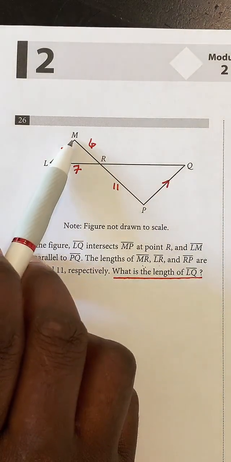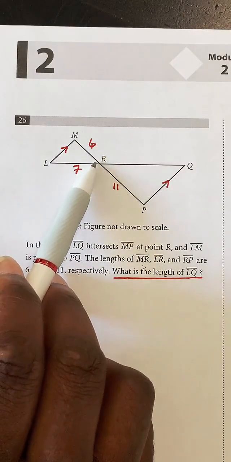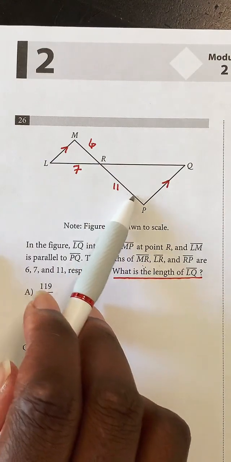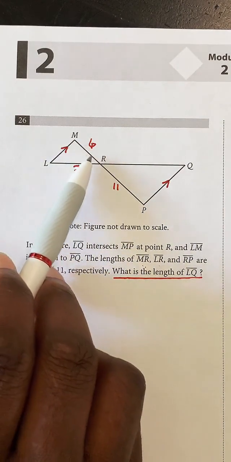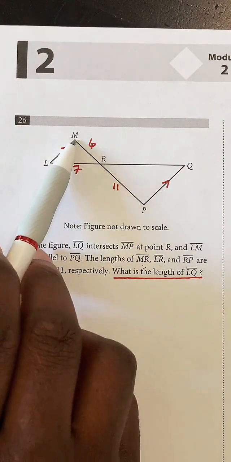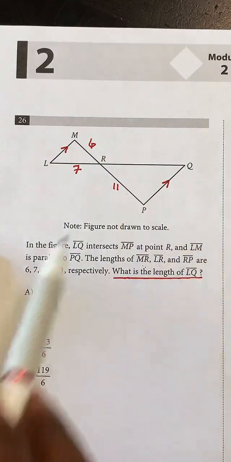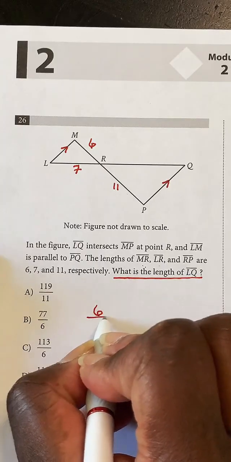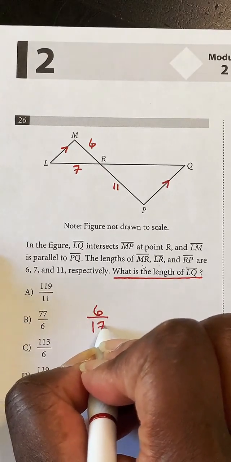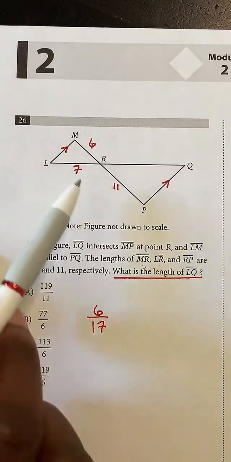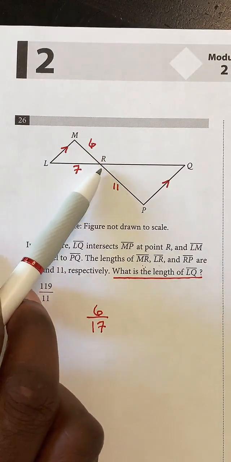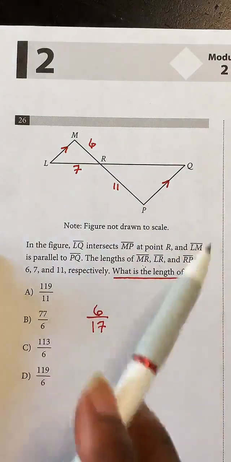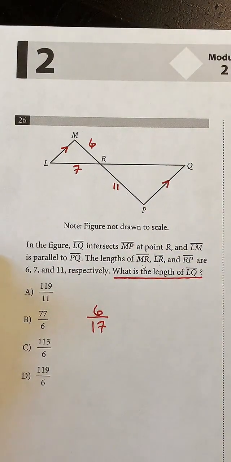So they're giving me part, MR, to the whole thing, MP, which is 17. So 6 over 17. And you're probably saying, where's she getting 17 from? 6 plus 11, that means from M to P is going to be 17.